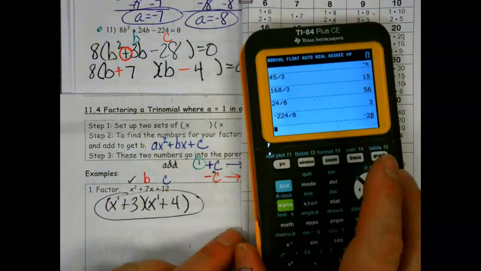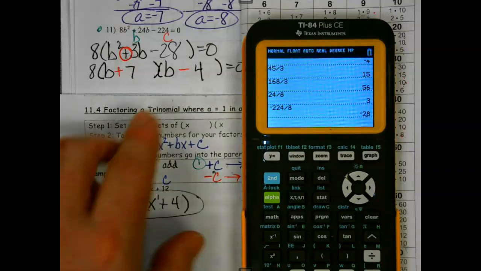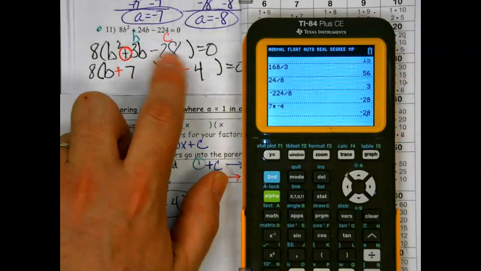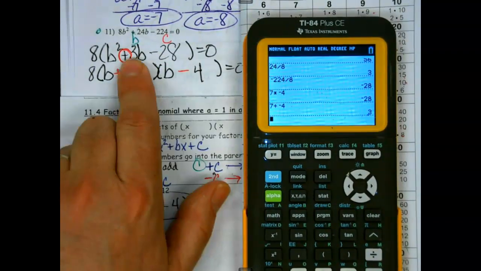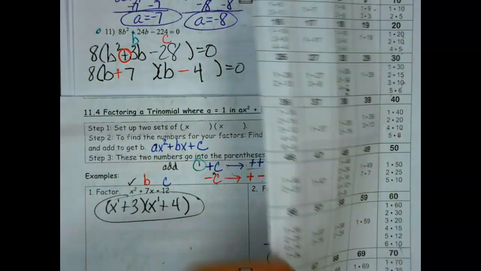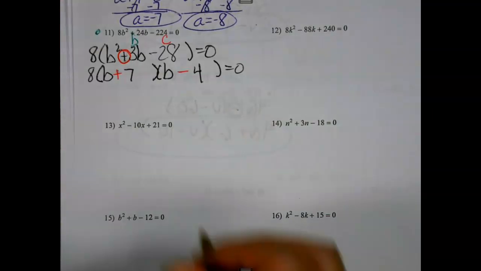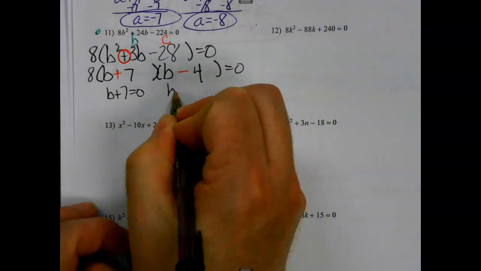If I'm not sure and I guess, okay, that's a strategy. Always just double check. Yep. Yep. And you know you're right. And so once I get that set, parentheses only, set equal to 0.